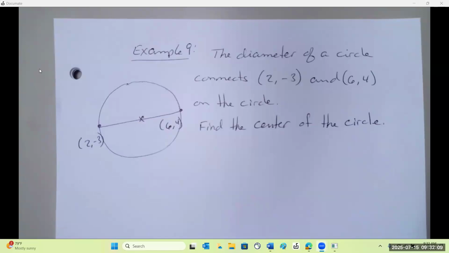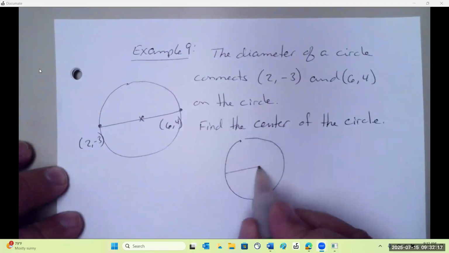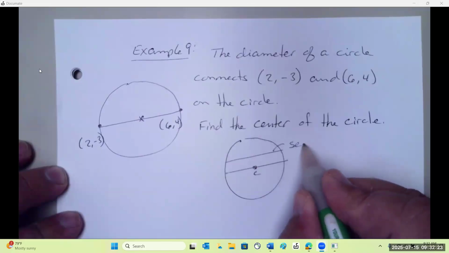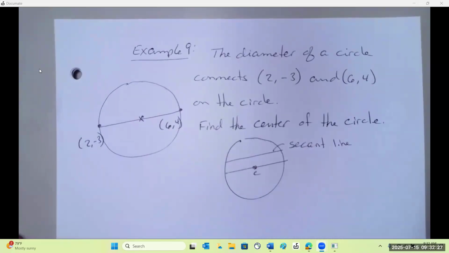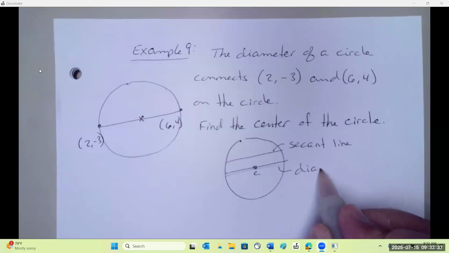If it doesn't go through the center, then that line is a secant line. If it goes through the center, then that'll give us the diameter.